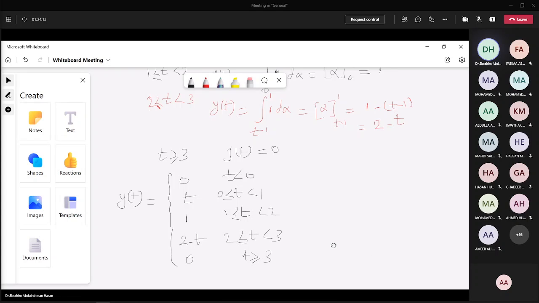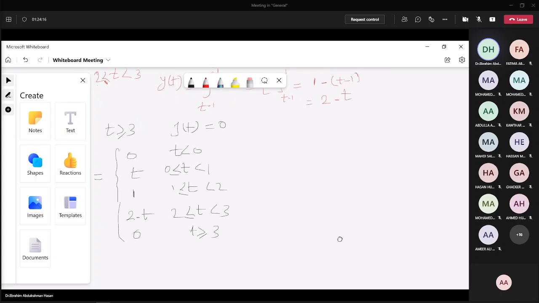Okay, if you want to plot it, it comes out piecewise, it's very easy. One, 2, 3. This is y of t.